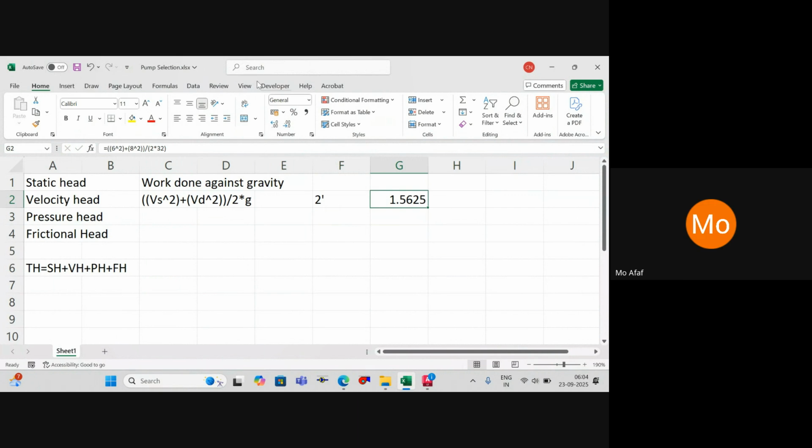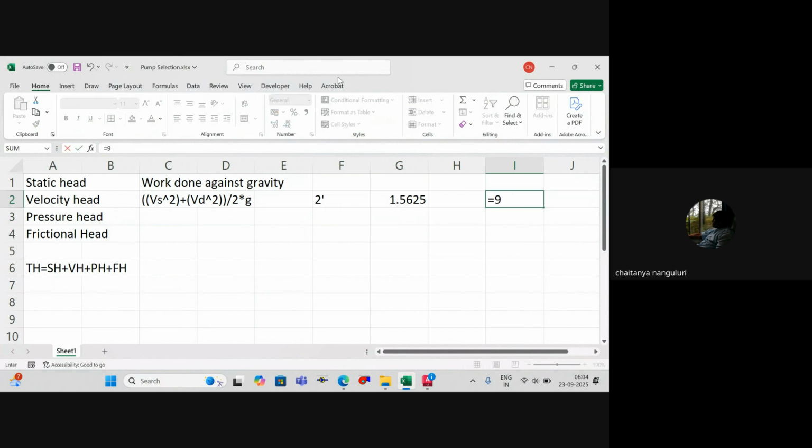Here 6 FPS and 8 FPS are the velocities that we are considering, so I have to convert this 9.81 into 9.81 times 3.28 feet, because I need it in feet per second square. For that reason, we are getting this divided by 32. Clear? So approximately 1.56 like that we get it.